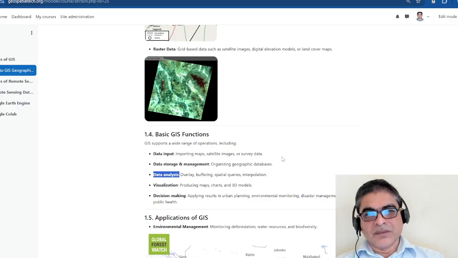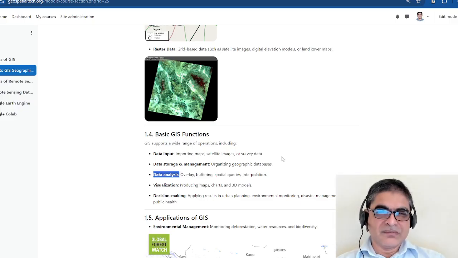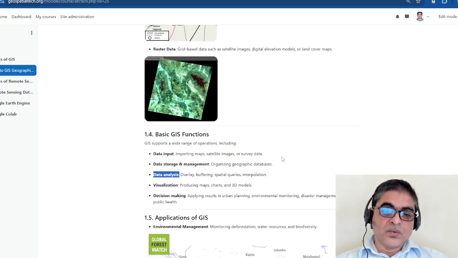There are 100 types of analysis which you can enjoy. When you have points, you need to know, okay, within a 100 meter buffer of this point, how many houses are there. Then you can do the data analysis. Then you can overlay also, you can buffer also, you can make spatial queries.